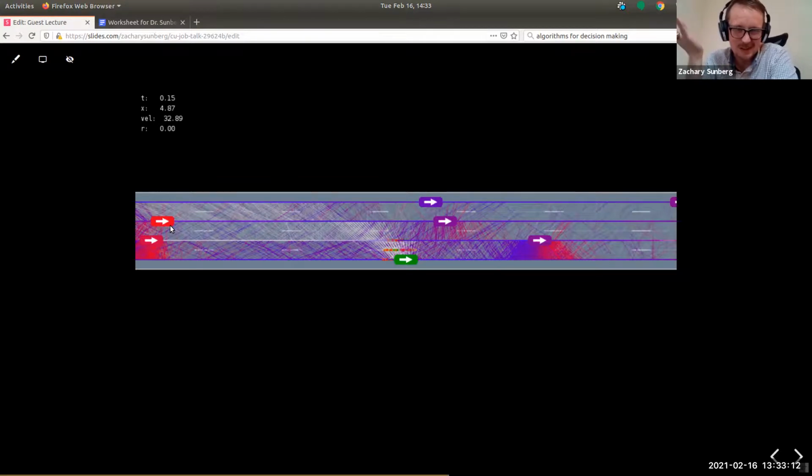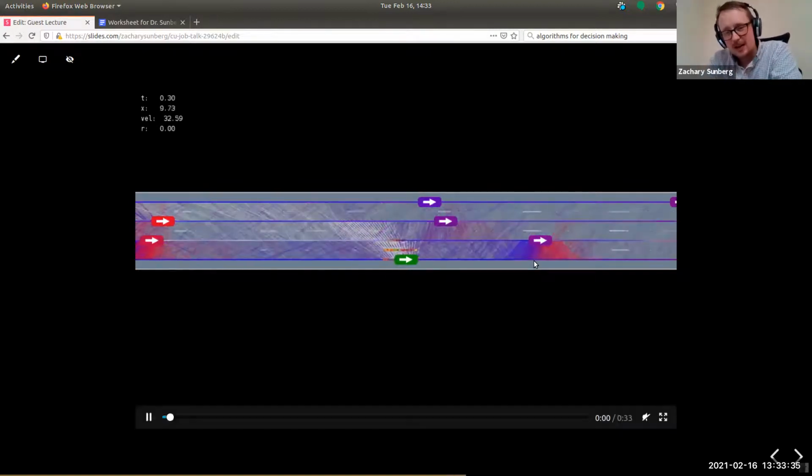Red cars are really aggressive, blue cars are really timid, but we don't know what that is yet. The white lines are our potential plans that we're considering. And these red and blue lines are our predictions of what the other cars are going to do. Each branch in the tree contains one of these white lines along with a bunch of red and blue lines.